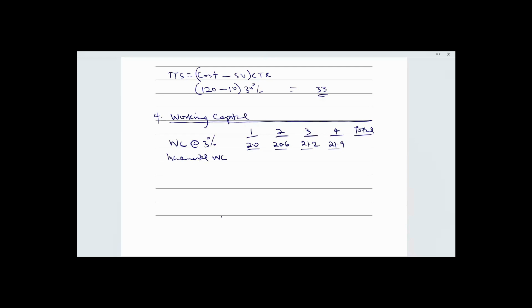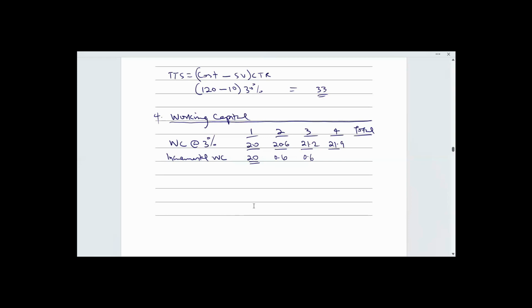The first year working capital is 20 million. It has grown by 0.6. So 21.2 minus 20.6 should be 0.6, 0.6 again. Am I correct?